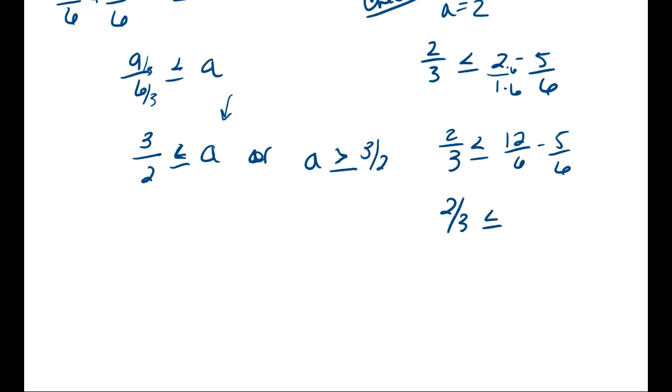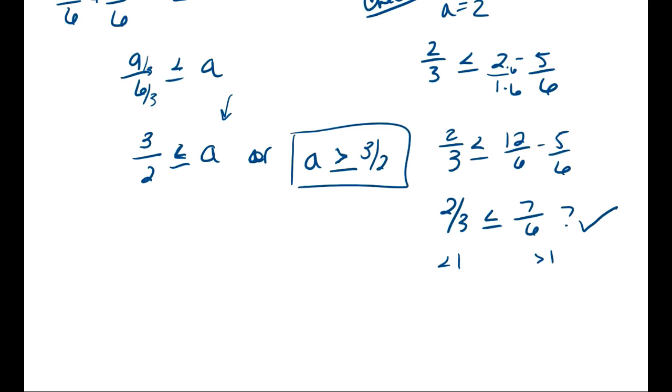And then I would get 7/6. And I want to know if that's greater than 2/3. Well, 2/3 is less than 1. And 7 over 6 is greater than 1. So just by that fact alone, I know that it has to be true. So I know that a is going to be greater than or equal to 3/2.